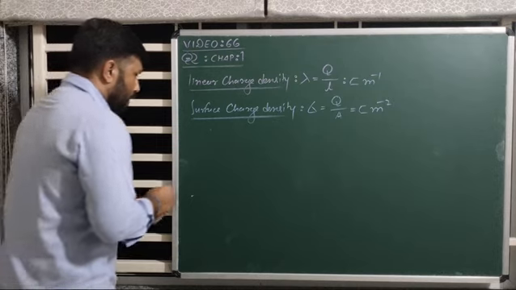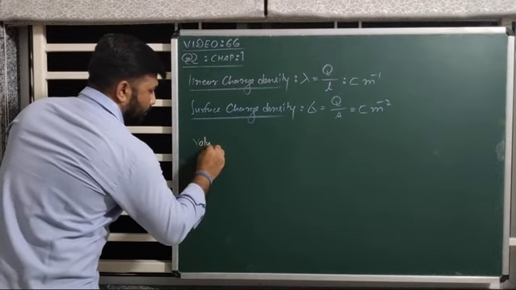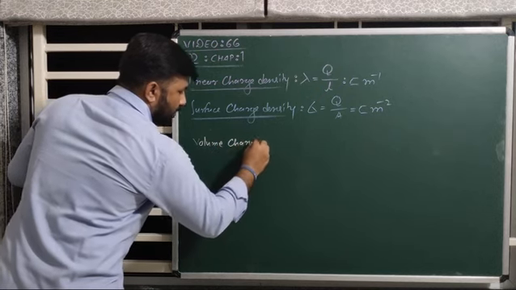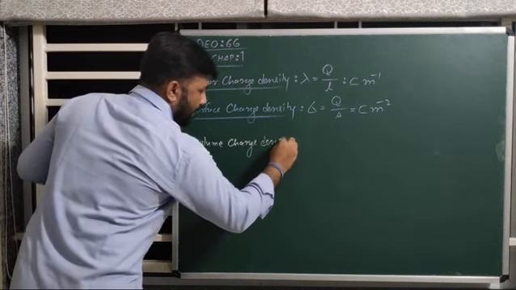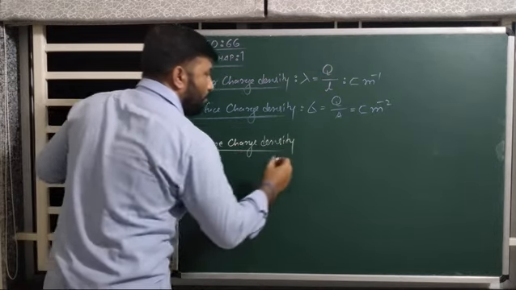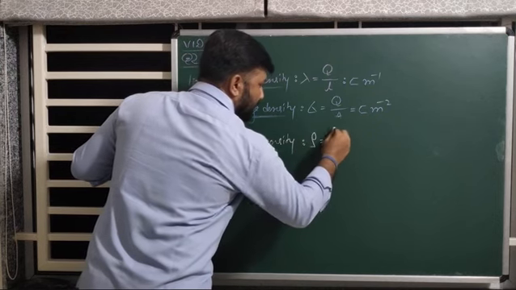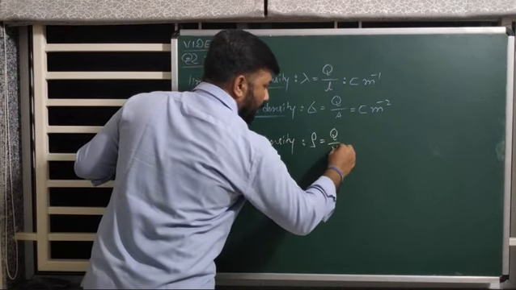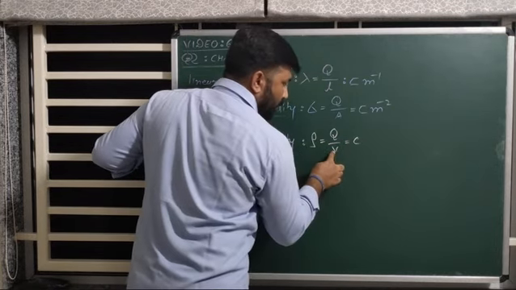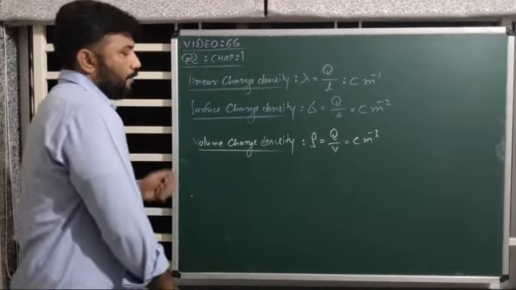In the same way, the last one, that is volume charge density, right? Volume charge density is indicated by rho is equal to Q by V, and it has unit coulomb per cubic meter, that is M minus 3.